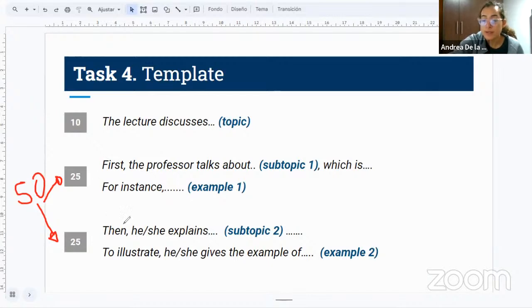You have 2 ideas and 2 examples at the end of the day, so it is a little bit long, but I'm pretty sure you guys can do it. Save time in the introduction. Please don't waste your time here. 10 seconds is all you need. Okay, guys? So what do you think so far? Do you have any questions at all about this template, the use of the template, or anything?